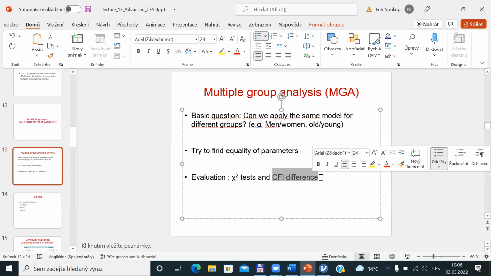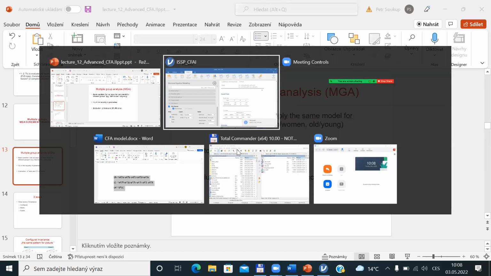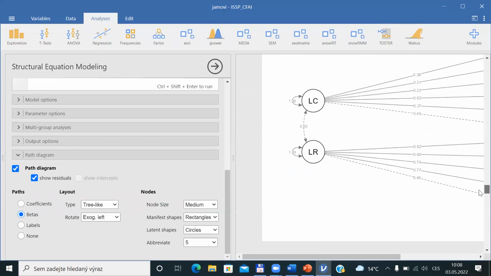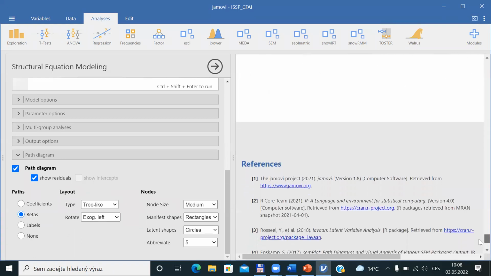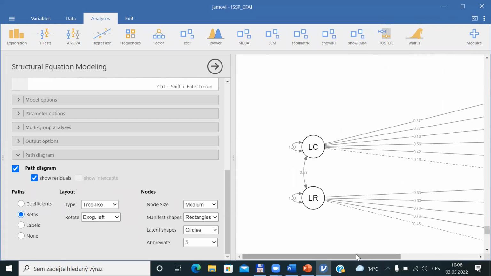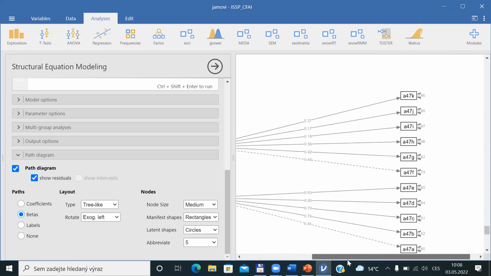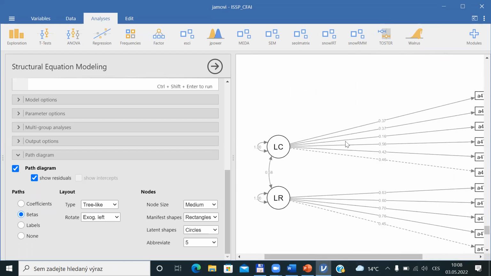So that's the basic goal for multiple group analysis. If I go back, for example, to my picture here, we have two factors, liberal-conservative and left-right scale. Currently, we are using these measurements for all people enrolled in the ISSP survey in the Czech Republic.